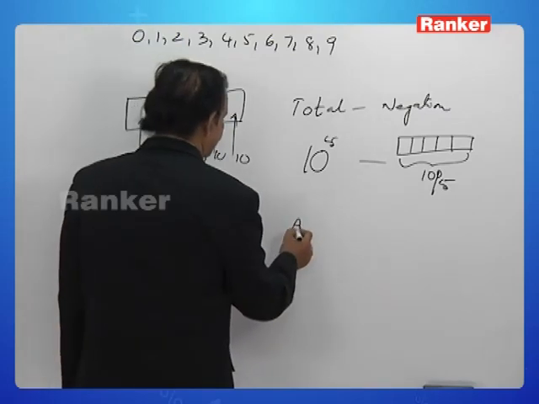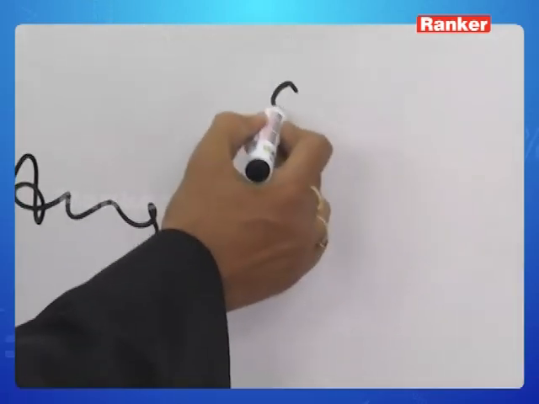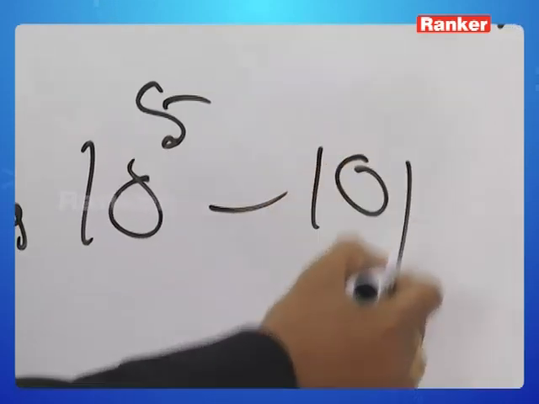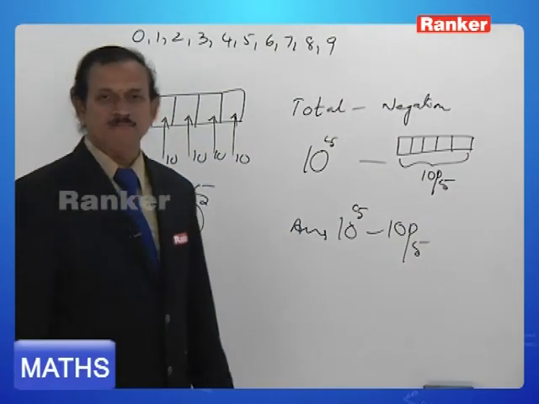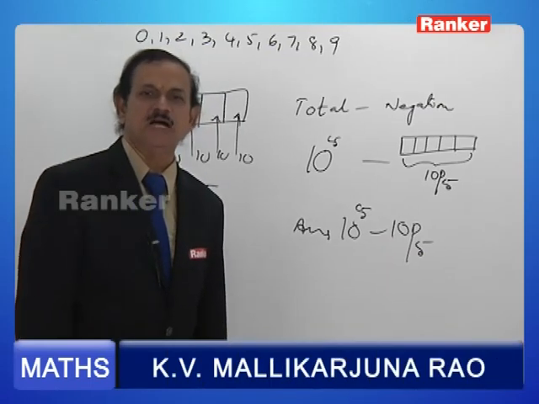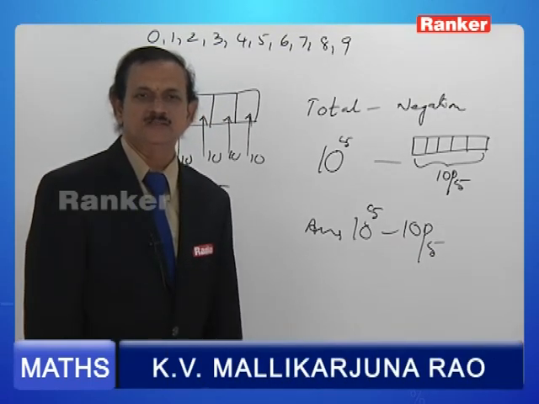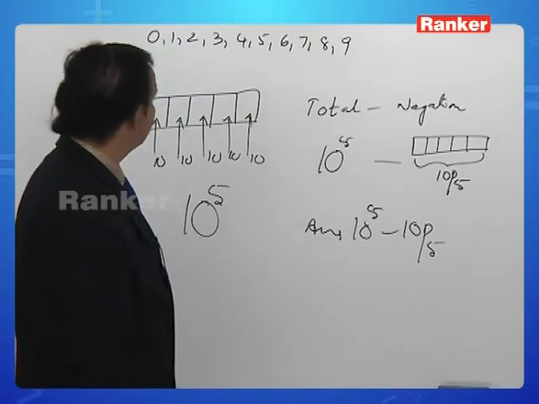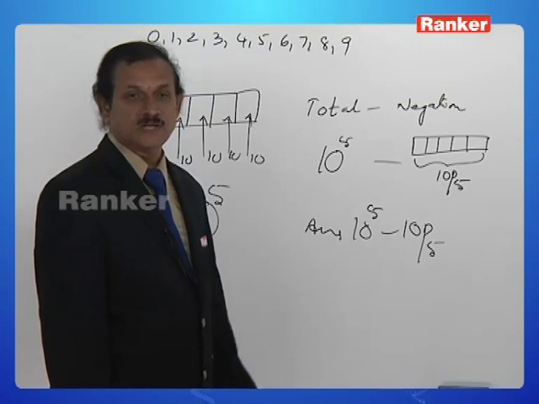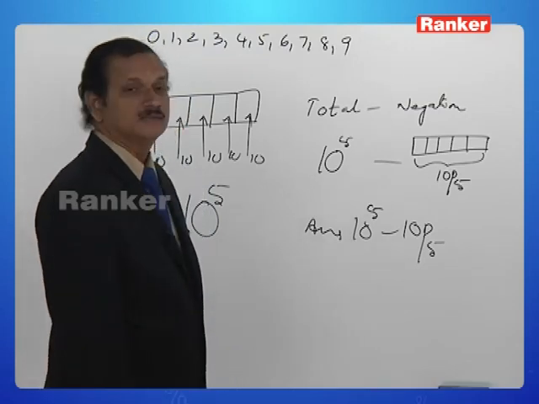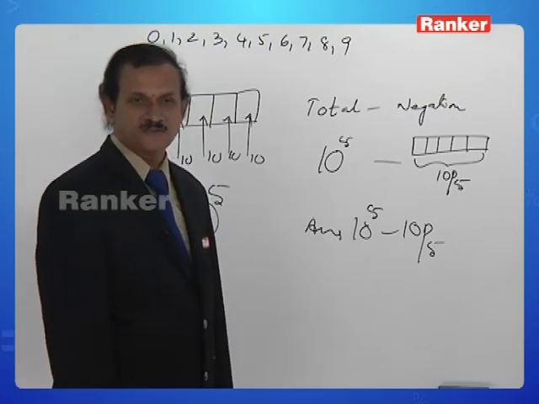So the answer for this question is 10 power 5 minus 10p5. This is a beautiful example also, in the number of arrangements in which repetitions occur.